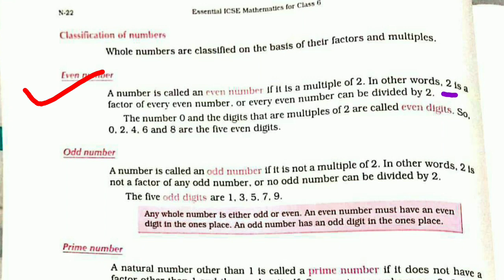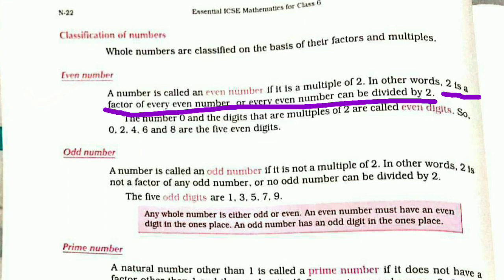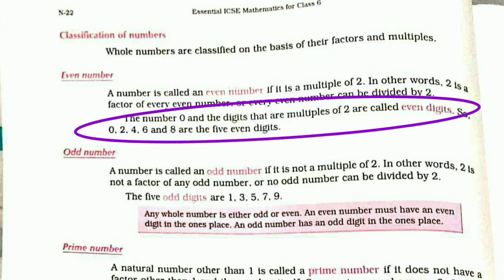Or 2 is a factor of every even number, or every even number can be divided by 2. The number 0 and the digits that are multiples of 2 are called even digits. So 0, 2, 4, 6 and 8 are the 5 even digits.